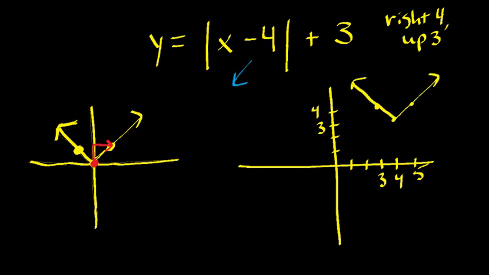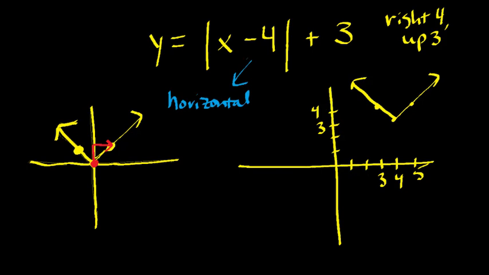So just remember that the values being added or subtracted inside either an absolute value, a square root, squaring, cube root, or cubing, those are all horizontal movements. They're called translations. They will move the graph left or right, negatives will go right, and positives will go left.